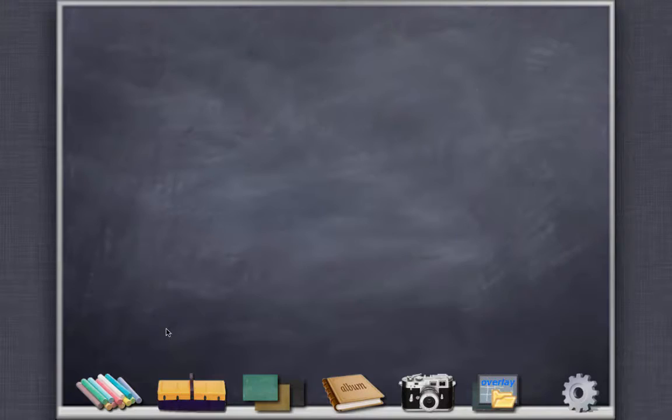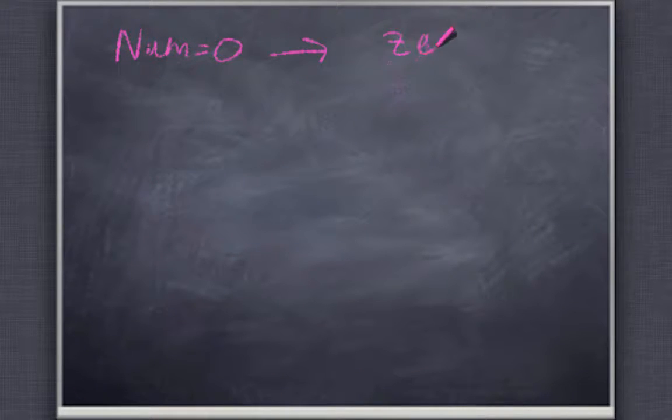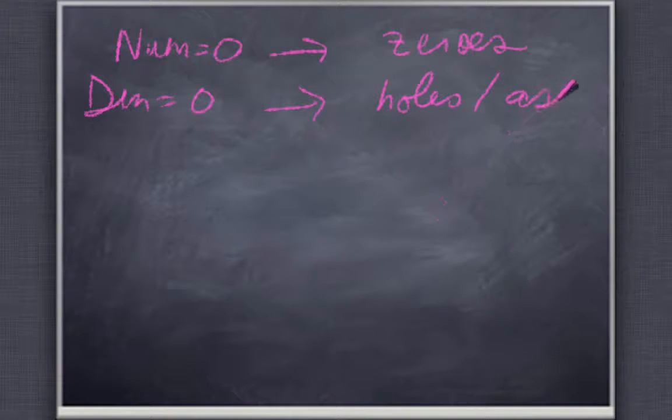So numerator equal to 0 leads to zeros. Denominator equal to 0 leads to holes or vertical asymptotes. We have two other kinds of asymptotes.